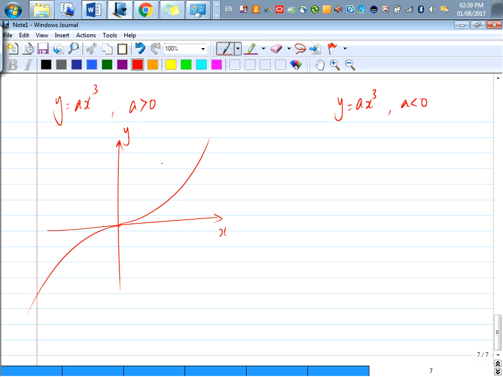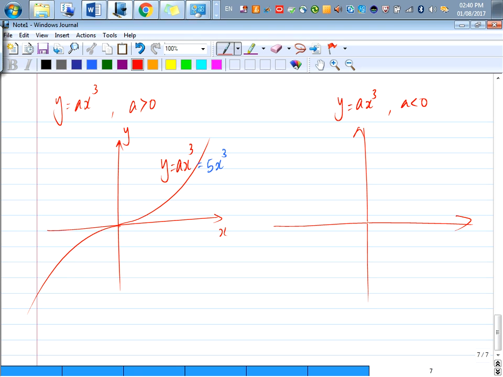Okay, so this is y equals ax power 3. For example, a could have been 5. So for example, y equals 5x power 3 will look like this. Smooth curve. And on the other side, since my a is smaller than 0 this time, it is going to look like this.